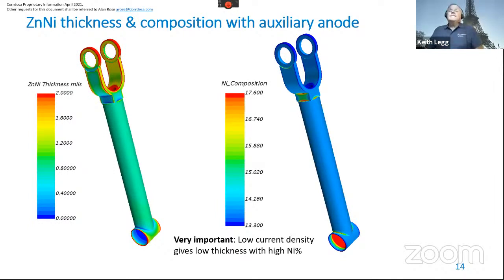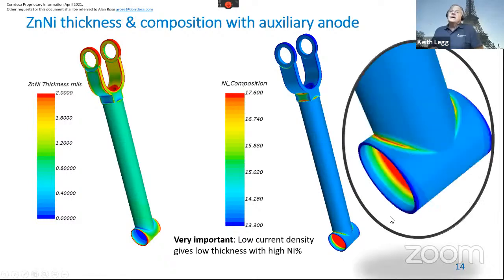Yes, right. So as Alan says, on the left, it's showing you what happens to thickness, but on the right, it's showing you something much more important, composition. And as you get more nickel into this system, it becomes more and more noble until eventually it starts to corrode. What should have been a sacrificial coating becomes a coating that now corrodes the underlying material. And if you get it too zinc-like, too much zinc, you then get a lot of hydrogen evolution.